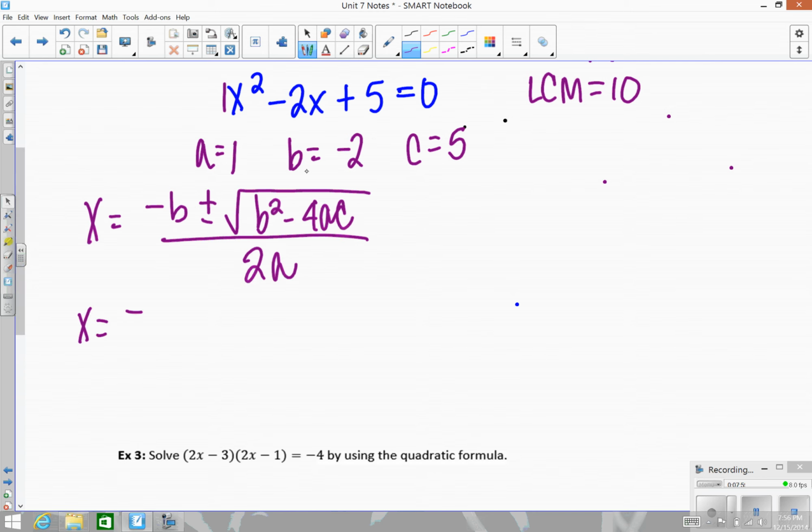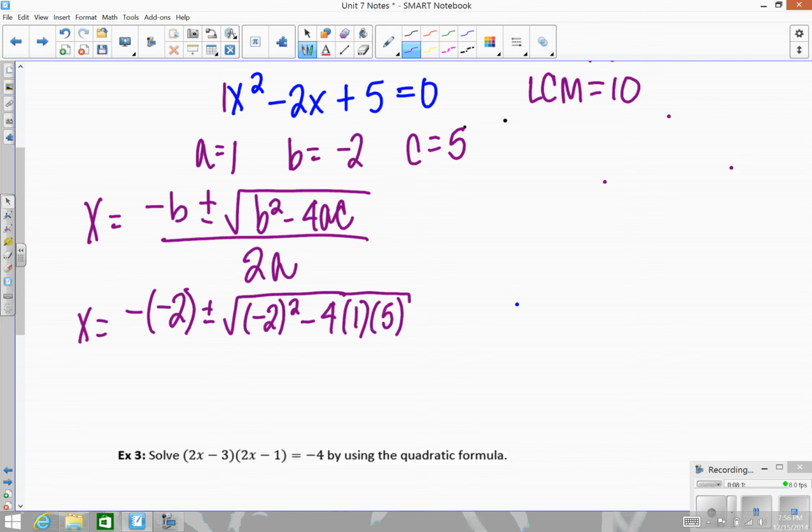So I'm plugging in b. Notice b this time is a negative number, so it's a negative times negative 2, plus or minus the square root. Again, keeping in mind that you have parentheses around any number you're substituting in. So I plug in a and c, all over 2a.